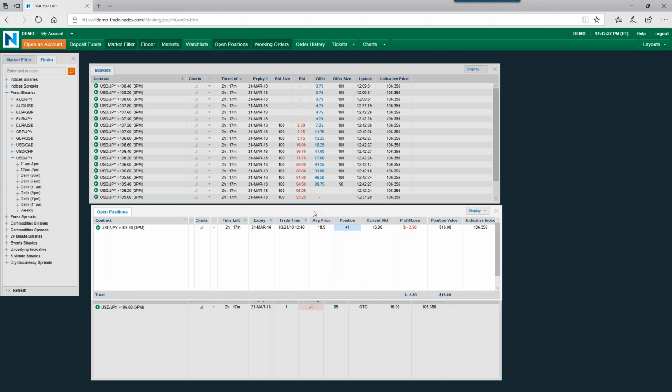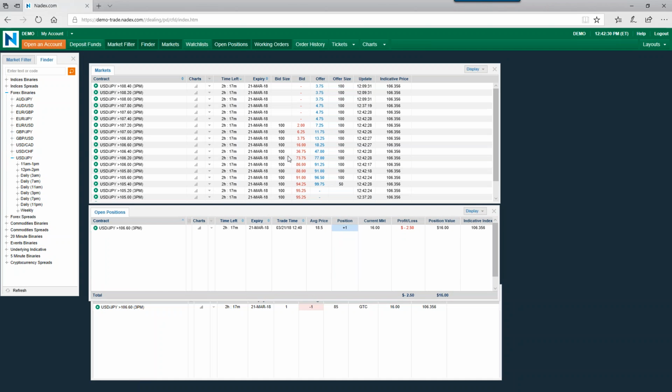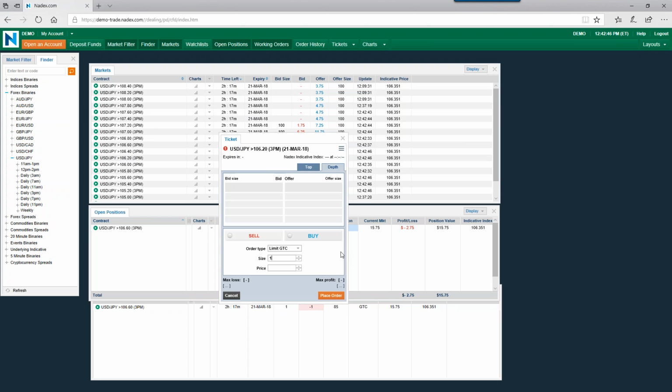Now, what if I had a bias to the short side? Well, there's really not a clear at the money for the short side, okay? In this case, I could go deep in the money at 106.40, or I could do the 106.20, okay?